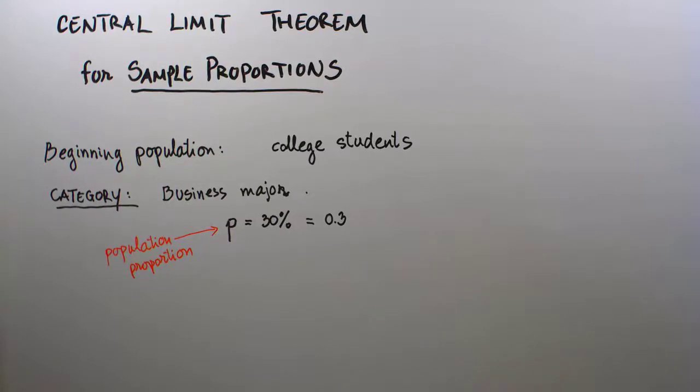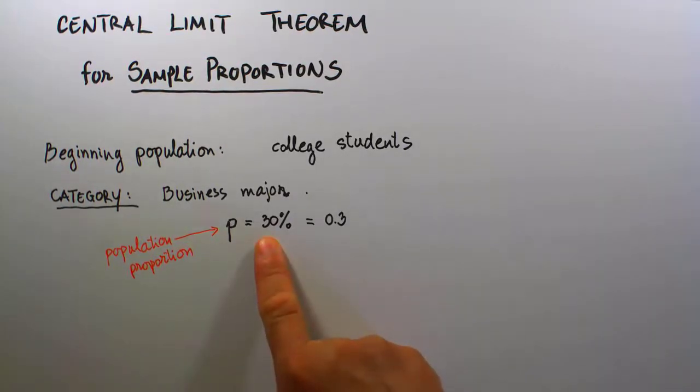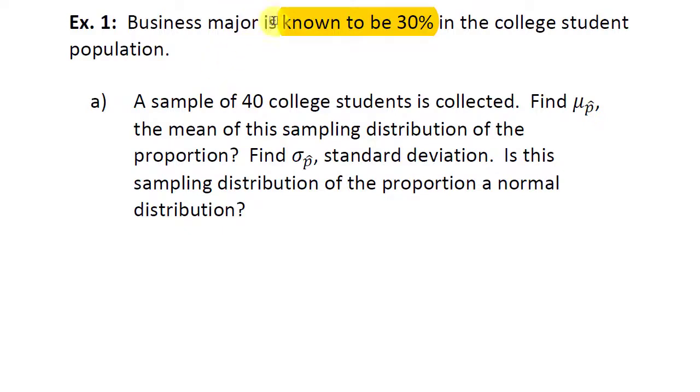Another way to help in case anyone is still struggling to identify whether it is a population proportion: I can decide this proportion is not a sample proportion simply because it was given without telling us how many students it came out from. And further, in this problem, it's even easier because it's a known proportion in the college student population.